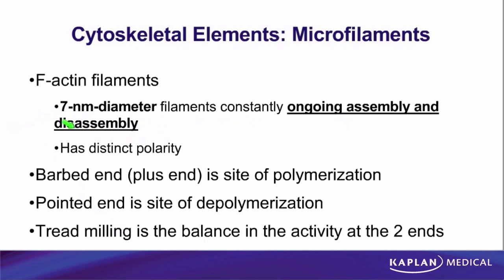The F-actin molecules that form a filament at one moment in time will not be the same as the F-actin molecules forming that filament at a different moment in time, because they'll have had ongoing assembly and disassembly in the interim. So at one end it's polymerizing, at the other end it's depolymerizing. That continual process is called treadmilling.